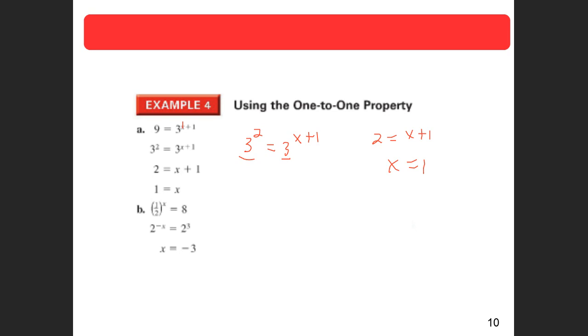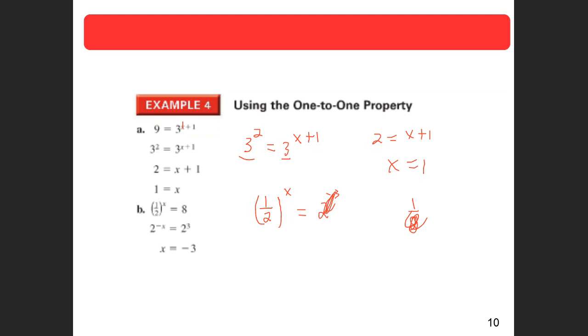Now, this one you have to get a little tricky here. 1/2 to the x, I want to get a common base. I could do this two different ways. I could rewrite this as 1/2 to the x equals, and then 8, I could rewrite that as 2 to the negative third, couldn't I? I'm not doing this right.